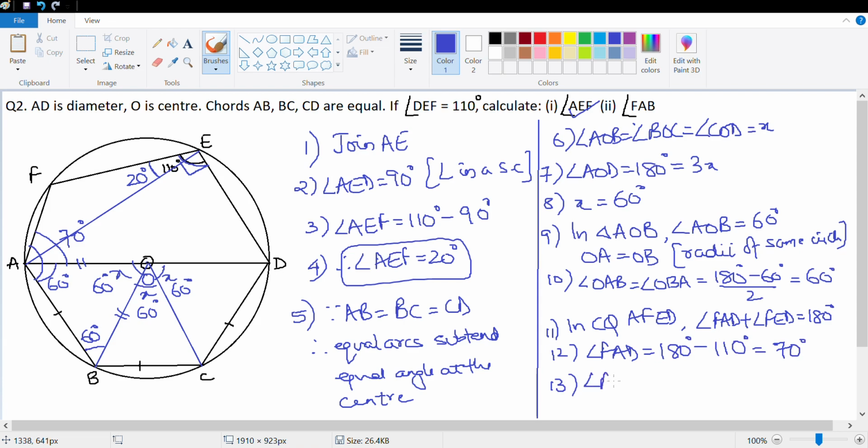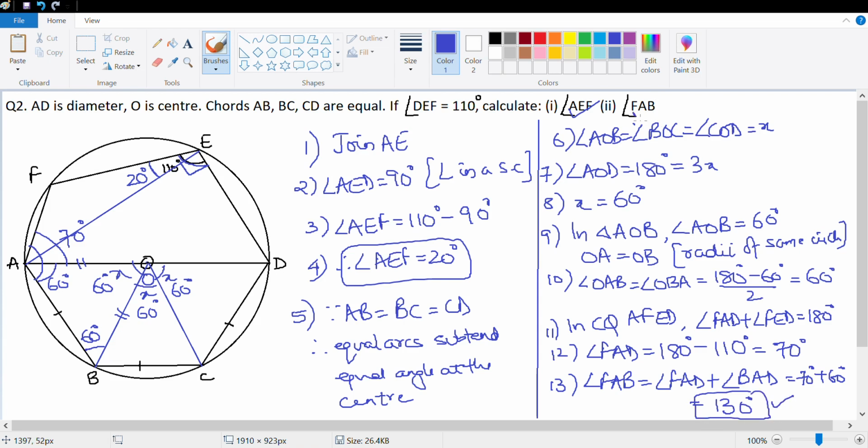So angle FAB would be equal to angle FAD plus angle BAD, which is 70 degree plus 60 degree. So this is equal to 130 degree.